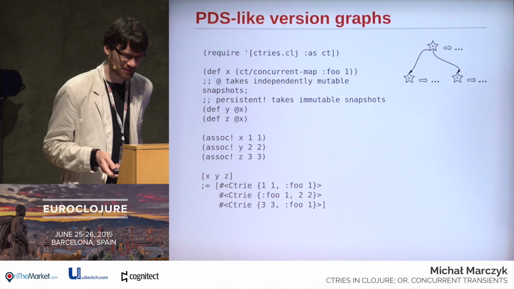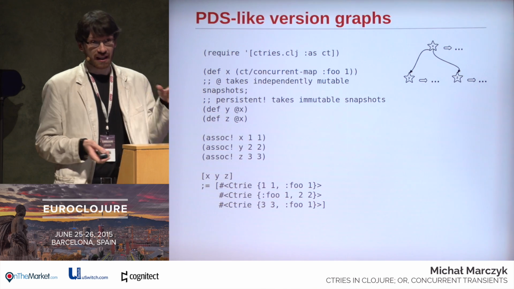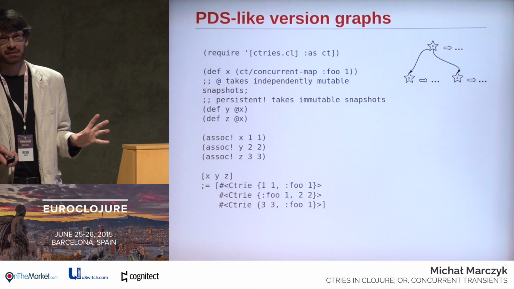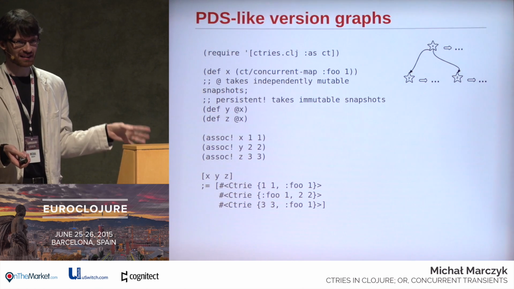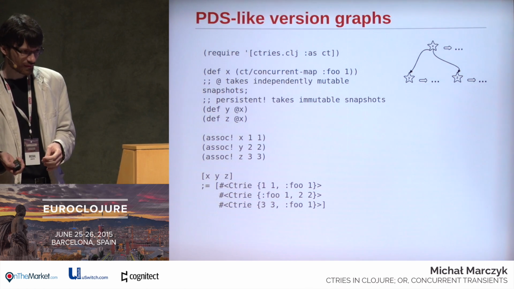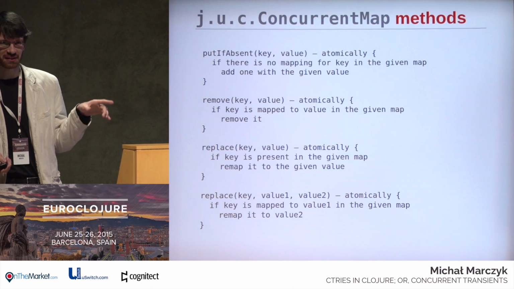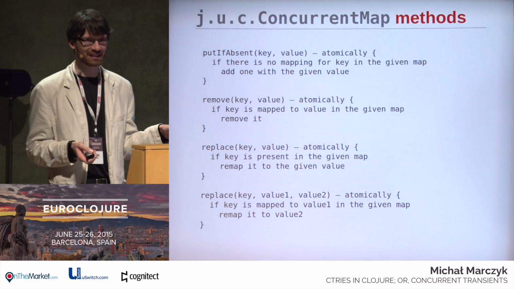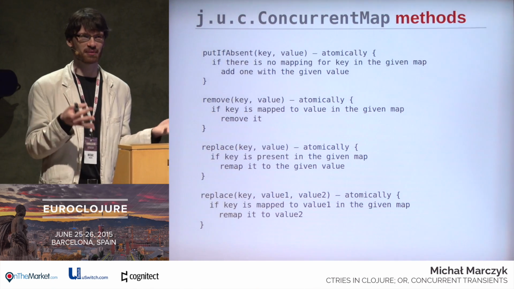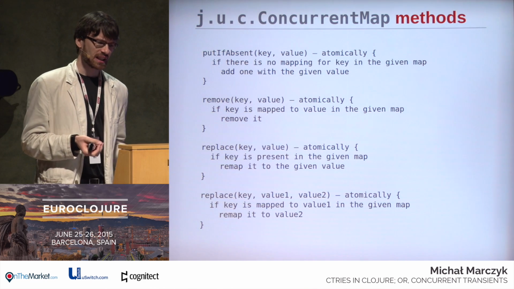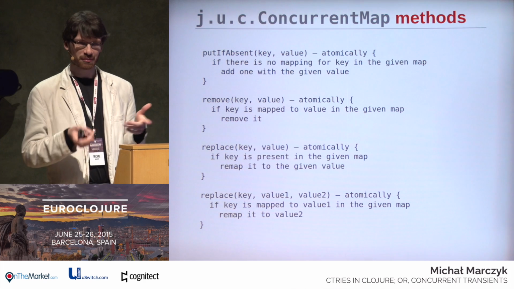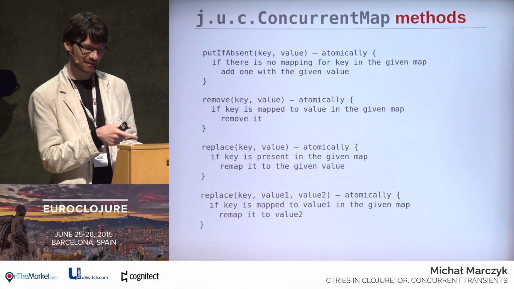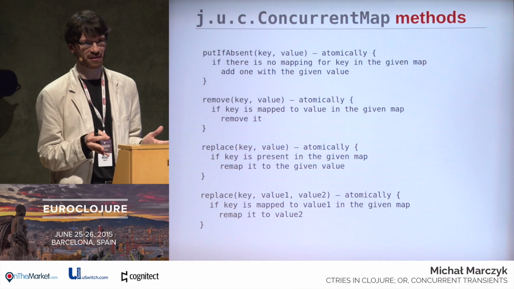OK, but getting back to my original train of thought, this is the Clojure level API. But these are not all the features that ctries have to offer. There's also a bunch of java.util.concurrent map methods, which I have not so far chosen to expose as Clojure functions. And there's a number of reasons for that. The main reason, I suppose, is that I prefer to experiment with APIs for these outside of the main library.